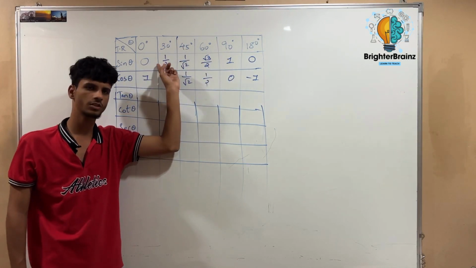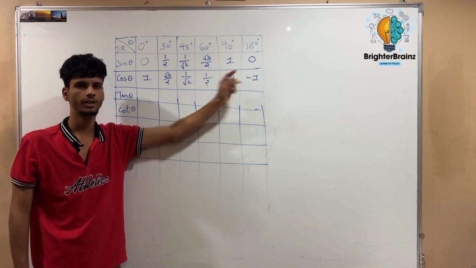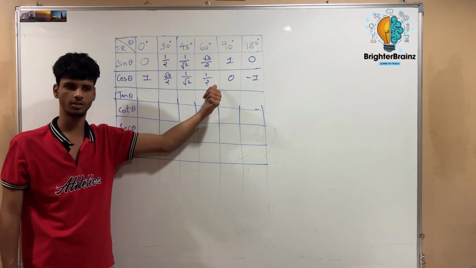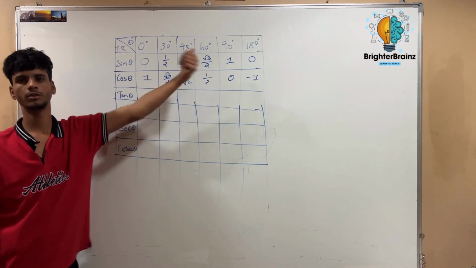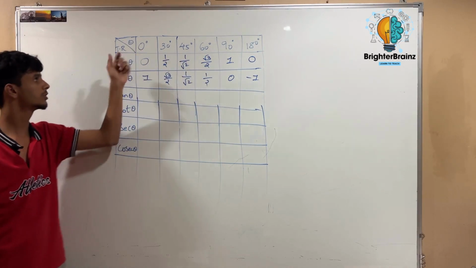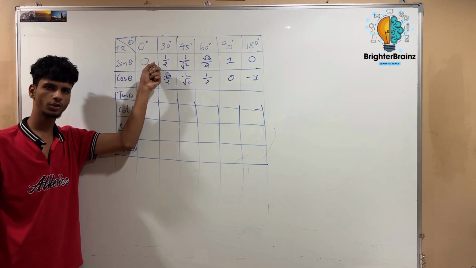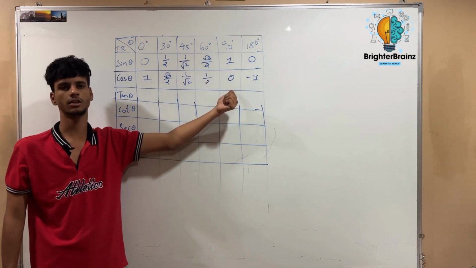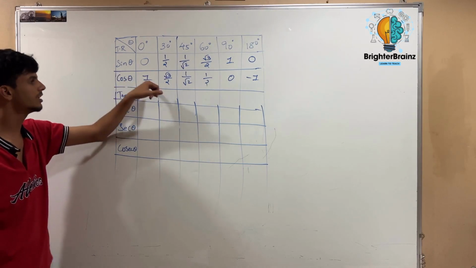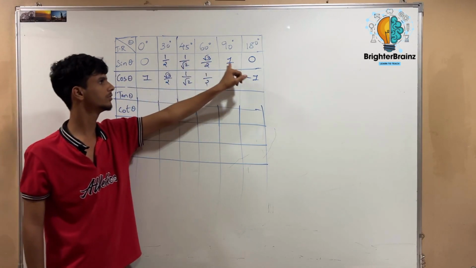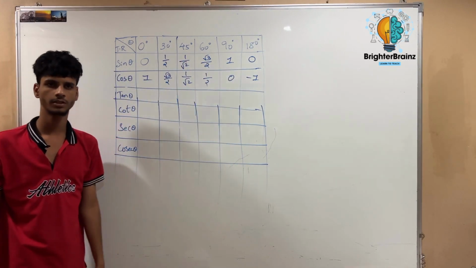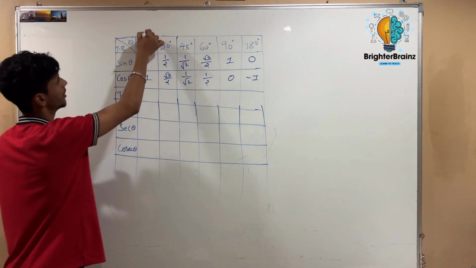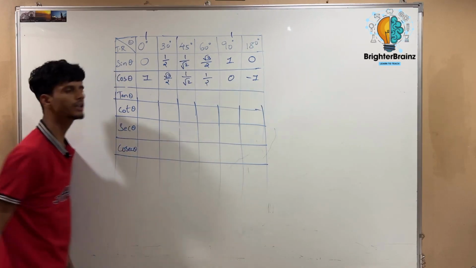Sin 0 is 0, then cos 90 is 0. Next, cos 0 is 1 and sin 90 becomes 1. Done.